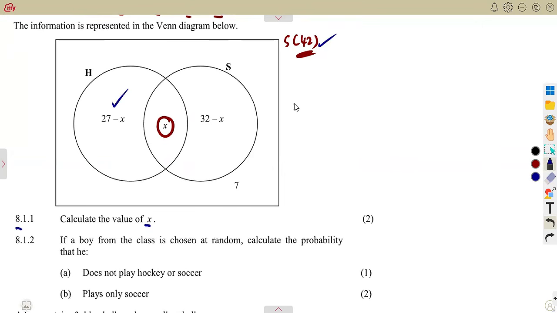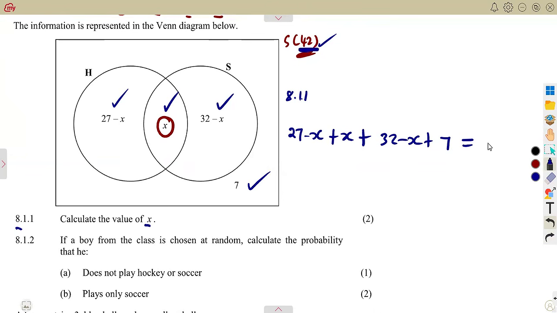The 27 minus X plus the X plus the 32 minus X plus the 7, which is outside, must give us a total of 42.